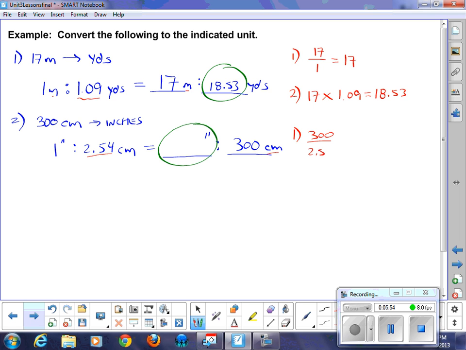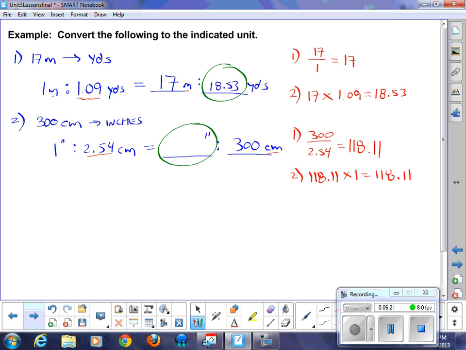So we're going to take 300 and divide it by 2.54, and we end up with 118.11. Step 2 is to take your answer from step 1 and multiply it by the remaining number. The nice thing here is the remaining number is just a 1, so it doesn't change the value.